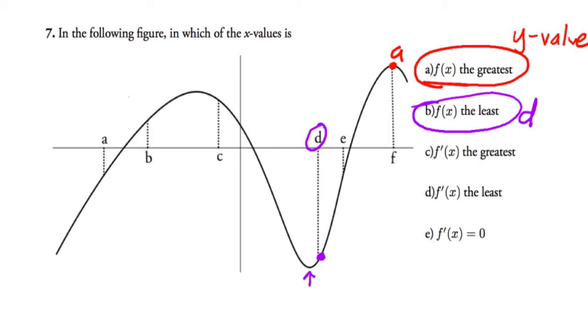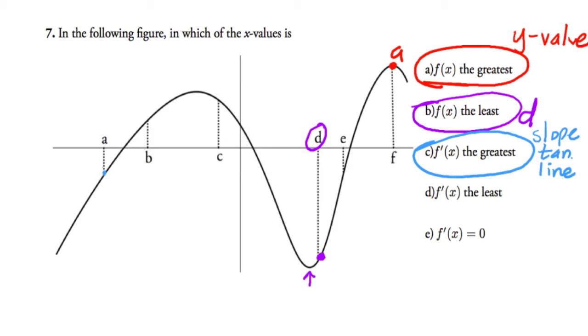Okay, so out of these choices, where is f prime of x the greatest? Let me change the color. Okay, where is f prime of x the greatest? So what I'm looking for is the steepest tangent line, because the derivative graphically tells me the slope of the tangent line.